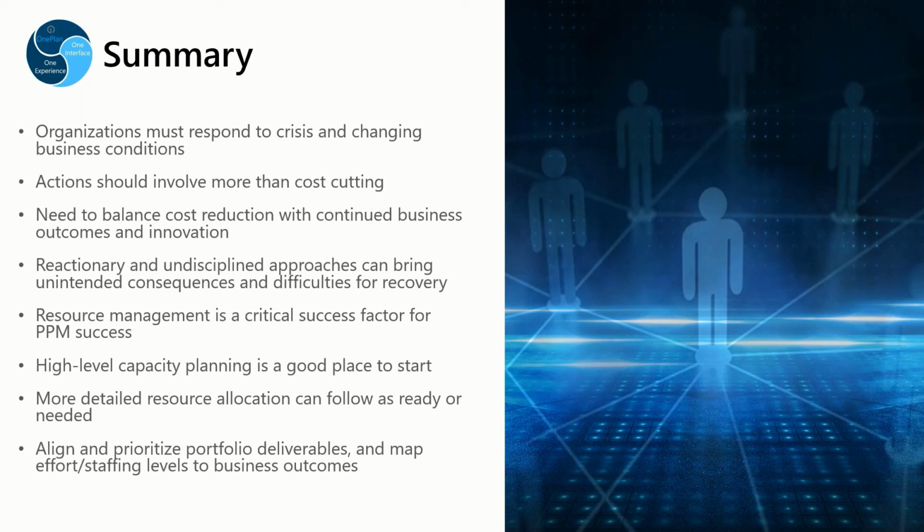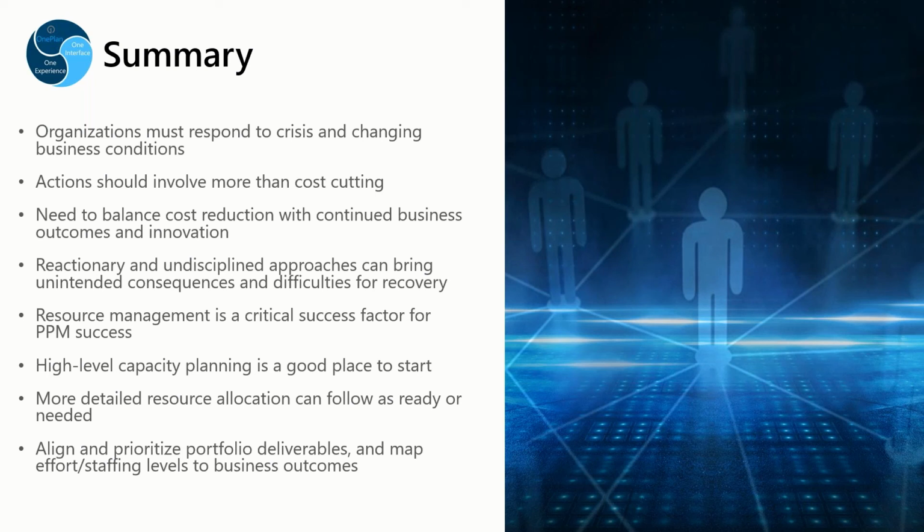Now, resource management is a critical success factor for overall project and portfolio management success. High-level capacity planning is a good place to start if you're not already practicing these disciplines. More detailed resource allocation can follow as you're ready or needed, or some folks stay at that higher capacity planning level and it meets their needs just fine.